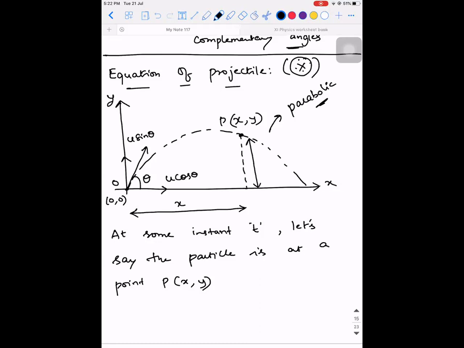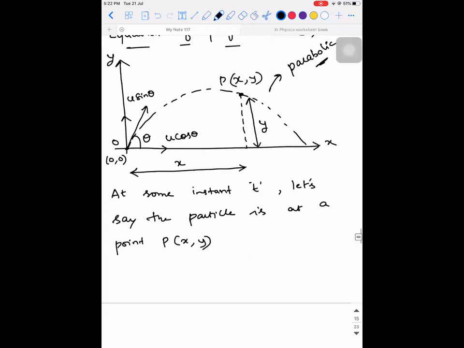Similarly, this distance is y. All this is happening at the same instant t, so at the same instant t, the particle has an x coordinate and its corresponding y coordinate as well.